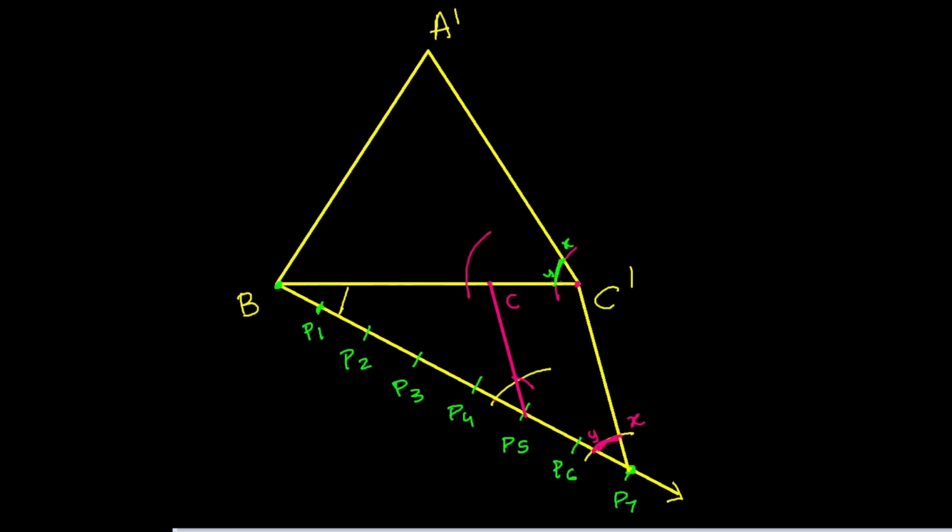So measure this part, put the pointer of your compass on this, draw an arc, and now connect these points, see this and this. Okay, now here we got point A. So this is the type of construction that we have seen. These types of similar constructions are there in 4.1.